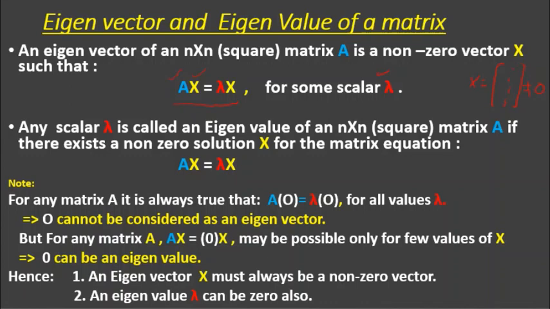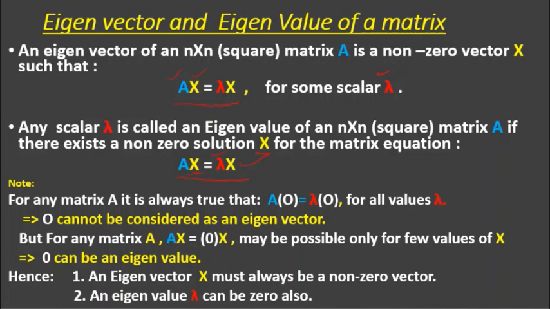Now, similarly, let us see the next line. Any scalar lambda is called an eigenvalue of an n by n matrix A if there exists a non-zero solution x for the matrix equation Ax is equal to lambda x. Now we are talking about eigenvalue lambda. So when do you call a scalar an eigenvalue for a given matrix? If there exists a non-zero solution x for the matrix equation Ax is equal to lambda x.